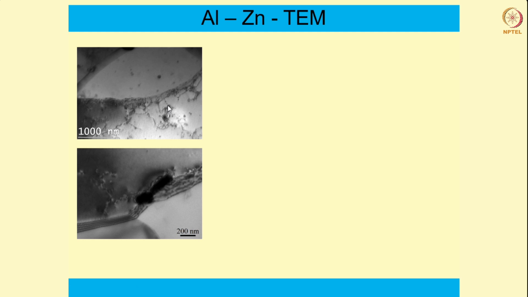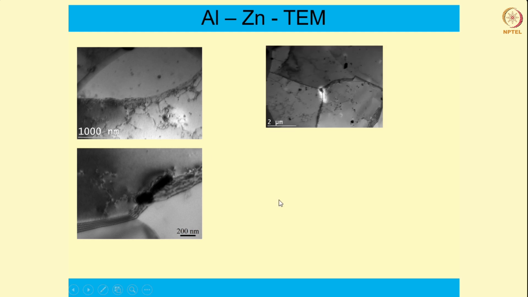Okay, it could be CDRX, DDRX, doesn't matter, but in either way, the bigger grain will be divided into multiple smaller grains, leading to reduction in the grain size. Same thing you can see here. This is just one boundary dividing the grains into two parts, but one grain can be divided into several parts, as you could see from here.